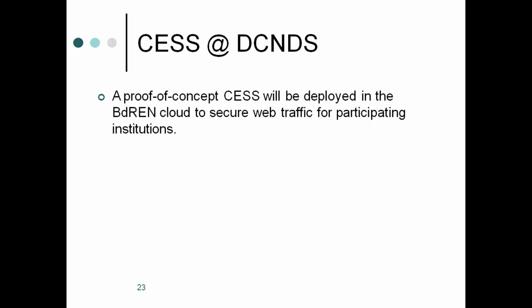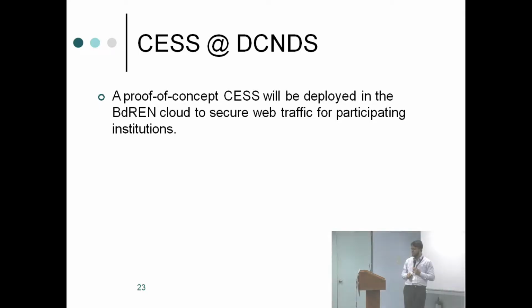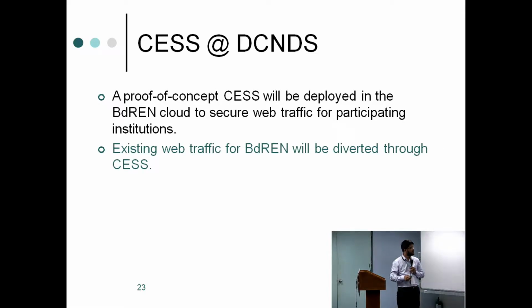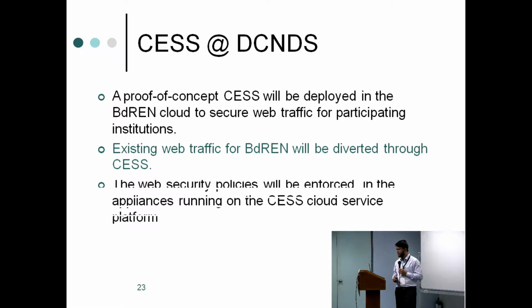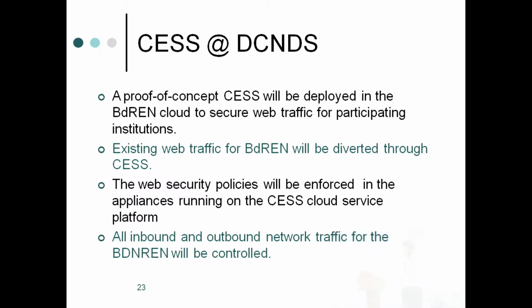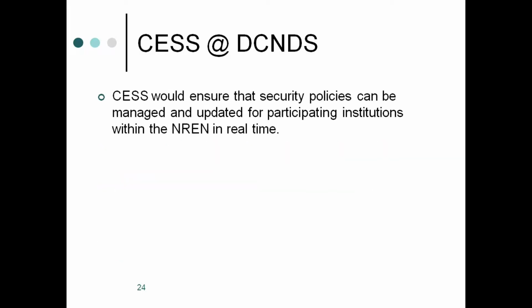So we'll install or deploy a proof of concept at the BdREN cloud. The existing web traffic of BdREN will be diverted through this system, and the security policies of BdREN will be enforced in this system. And all the inbound and outbound traffic will go through this particular SECaaS network.